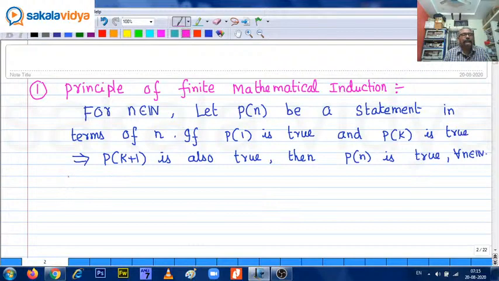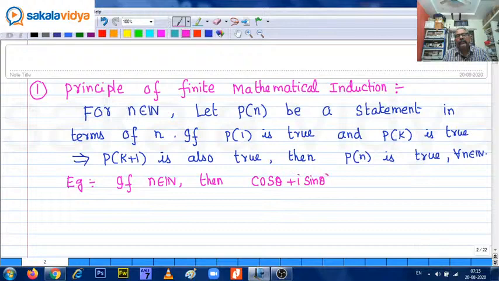Example, take this. If n belongs to N, then (cos theta plus i sin theta) raised to n equals cos n theta plus i sin n theta. This will be proved with the help of mathematical induction only.